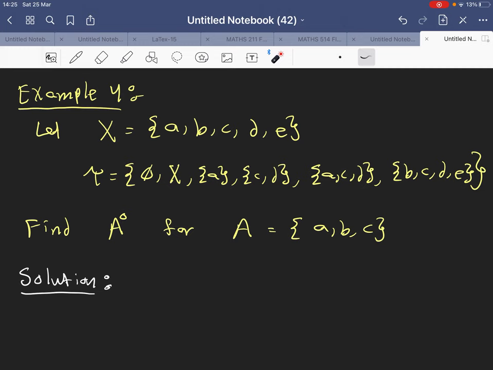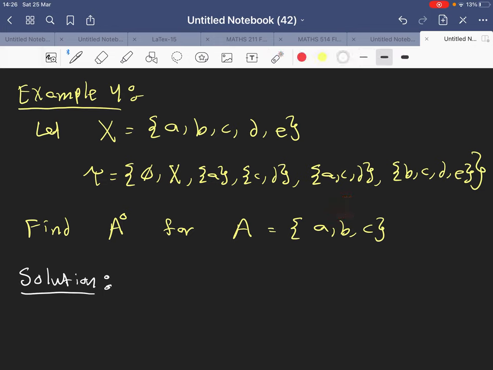Of course, looking visually for the largest subset will be the easiest option. Now, those are the open sets. They are in a list in front of me. I just need to choose the largest one that completely lives inside A.